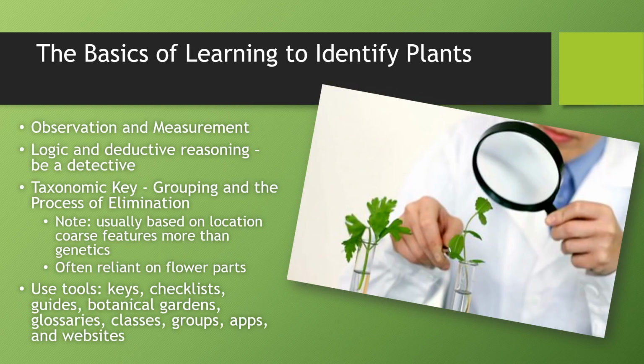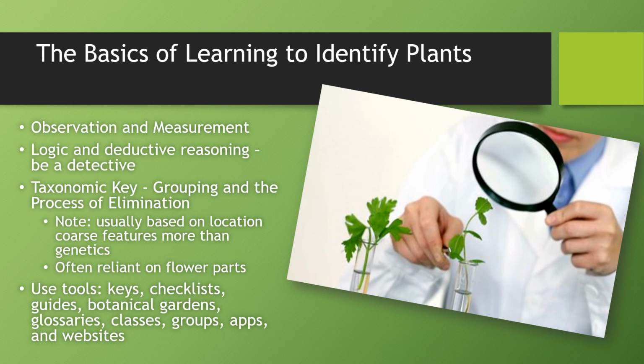When you're trying to learn to identify plants, the things that are really important are good observation, and at times measurement is important too, and that you're doing a kind of detective-like or logical thinking, a process of elimination. Well, it can't be this because of that, and that is usually how people use what's called a taxonomic key.